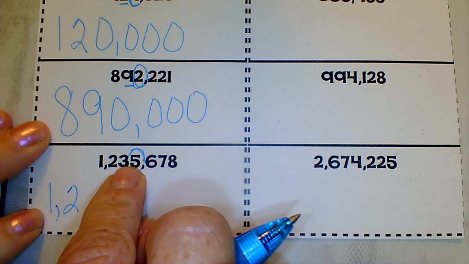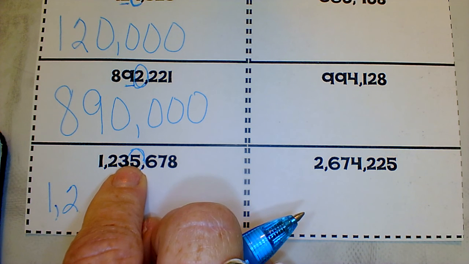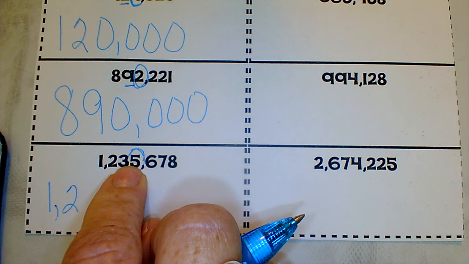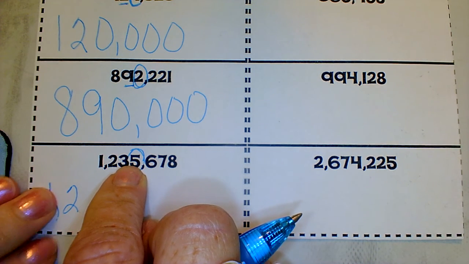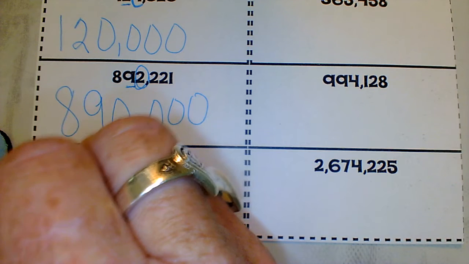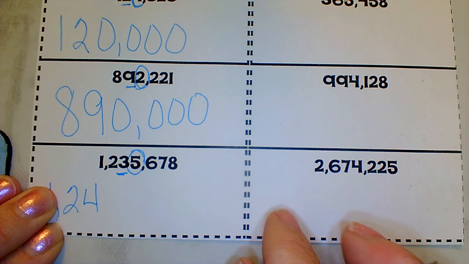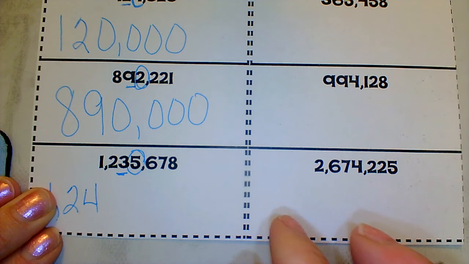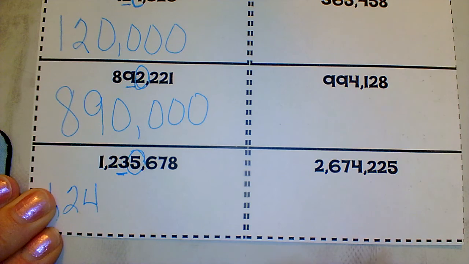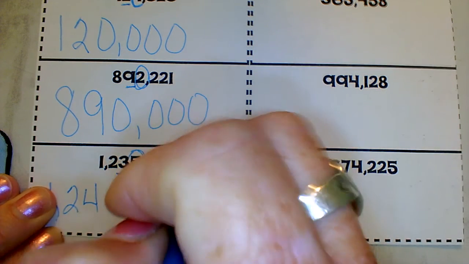Guys, bump it up 1 means we add 1 to that digit, right? So what does the 3 change to? Serenity? 4. Thank you. So now we have 1, 2, and 4. What follows that? Kennedy? All zeros.